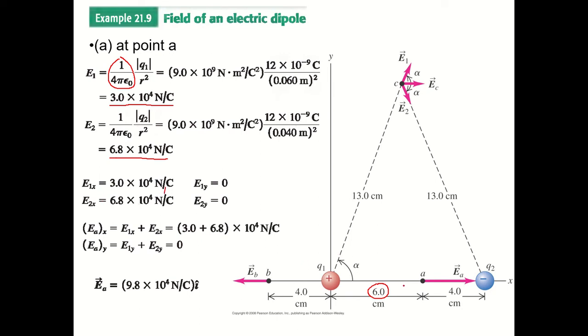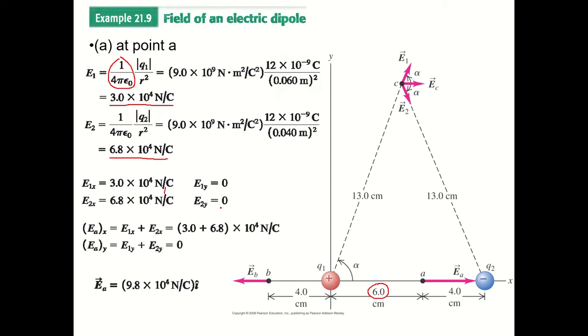But E1 y is equal to 0 because there is no vertical component. Likewise E2 has an x component, and its vertical component is also equal to 0.